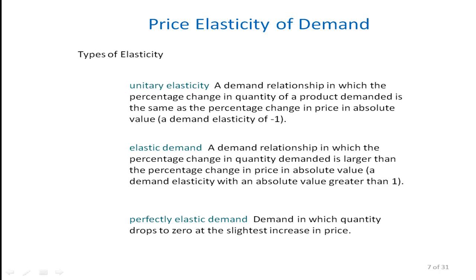And in the case of perfectly elastic demand, this is the case in which quantity drops to 0 at the slightest price increase. Okay, so you're very sensitive to a change in price because there are other substitutes, like the example of wheat that we looked at a minute ago.